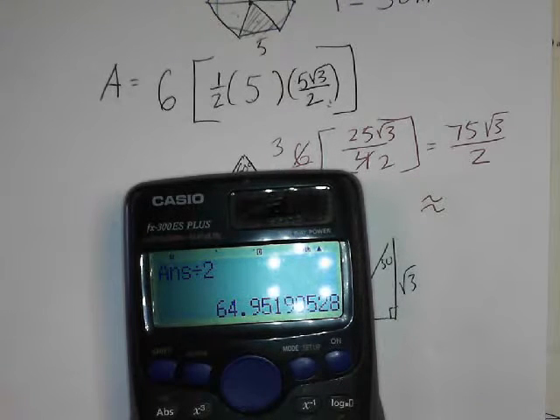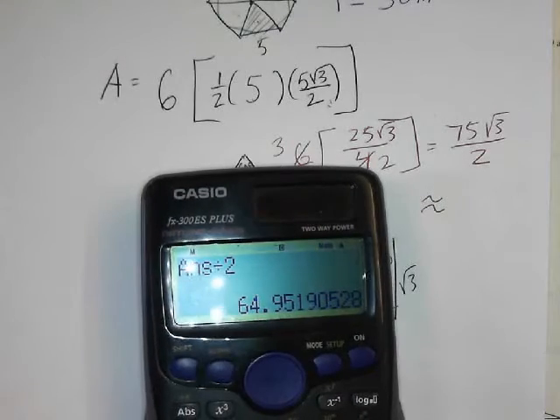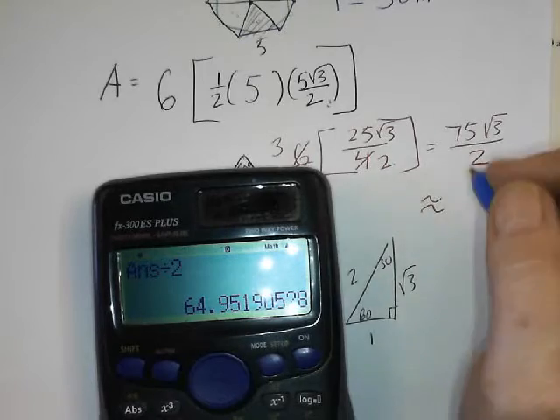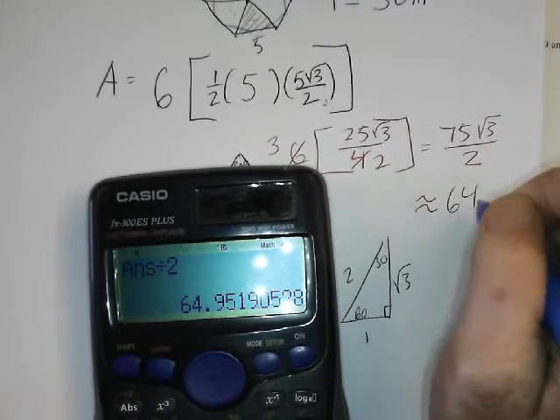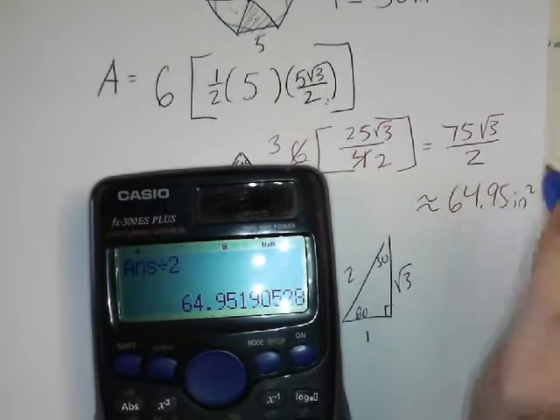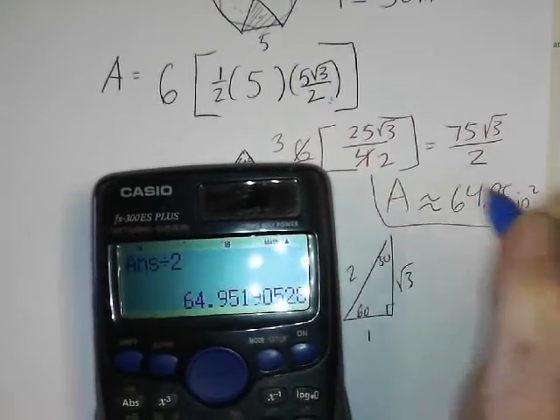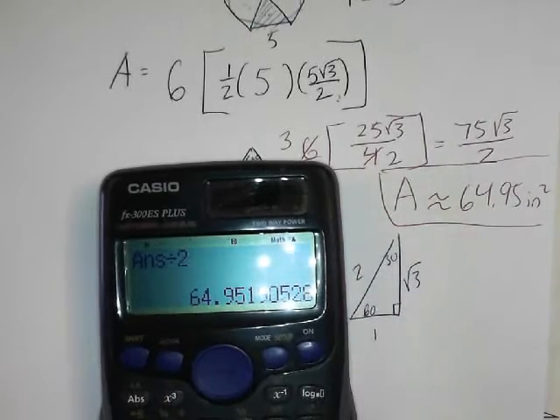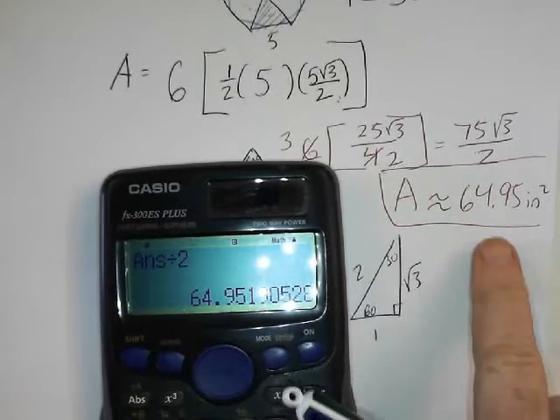That's how your answer book has it. They just rounded it to 64.95. Those were inches, so I'm going to say inches squared. That's the area, so I'm boxing that in because that's my answer for the area.